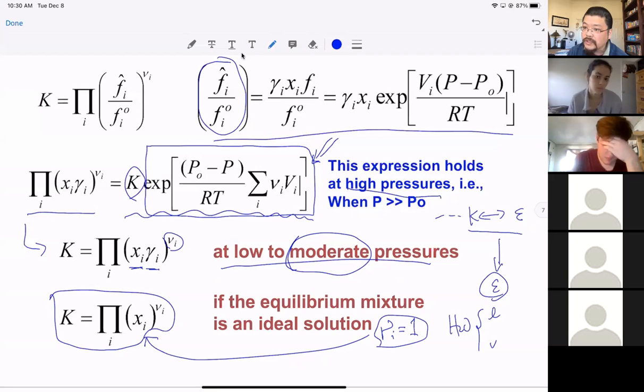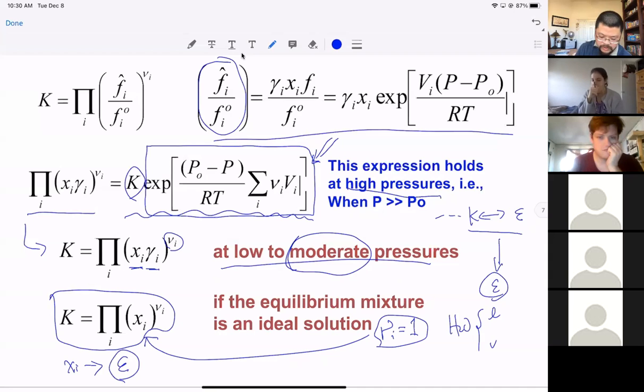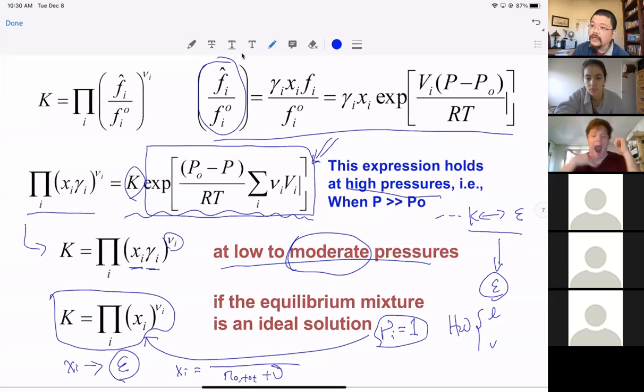Xi is a composition. And recall that we are always required in the reaction equilibrium calculation to figure out what would be the xi expression as a function of the reaction coordinate. If you recall, we have this, say xi would be n naught of the total, the initial of the total, right? Then I'm going to have what? Nu, this is not V, that's nu. That's okay.